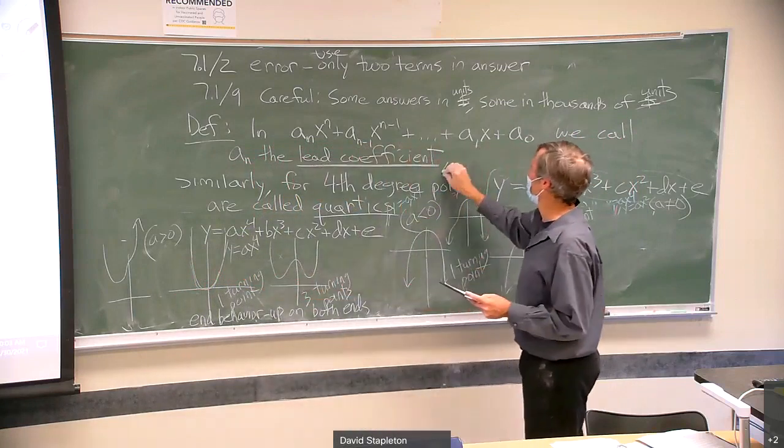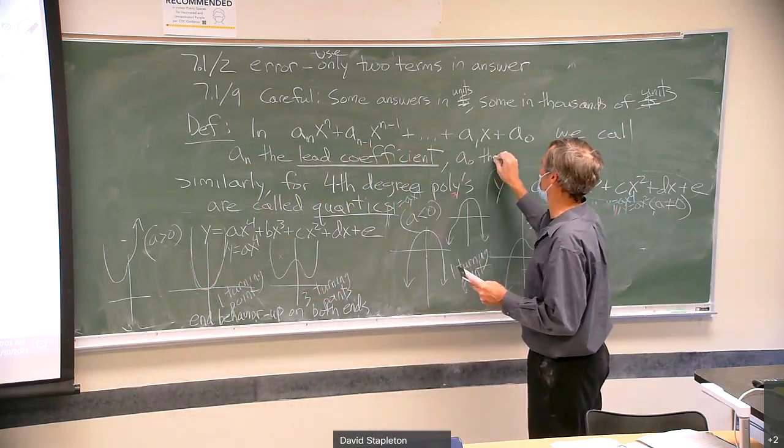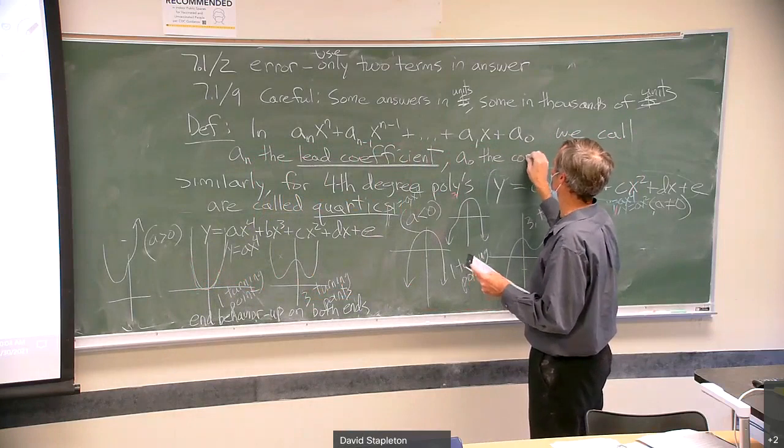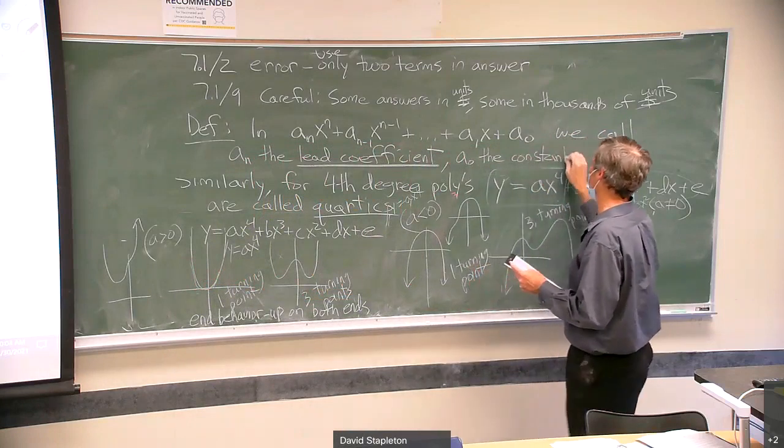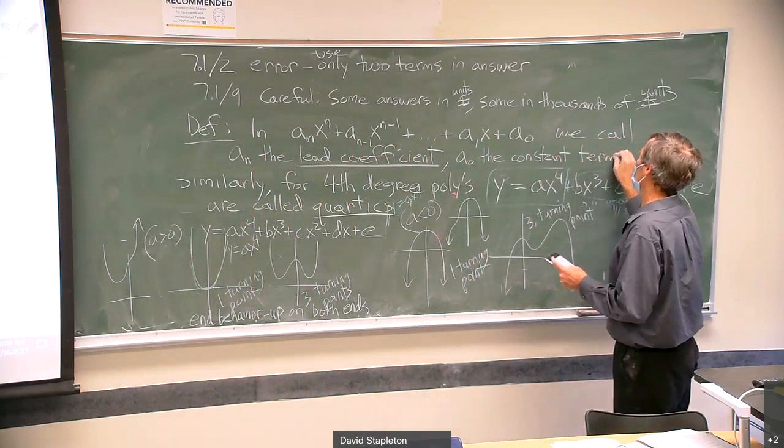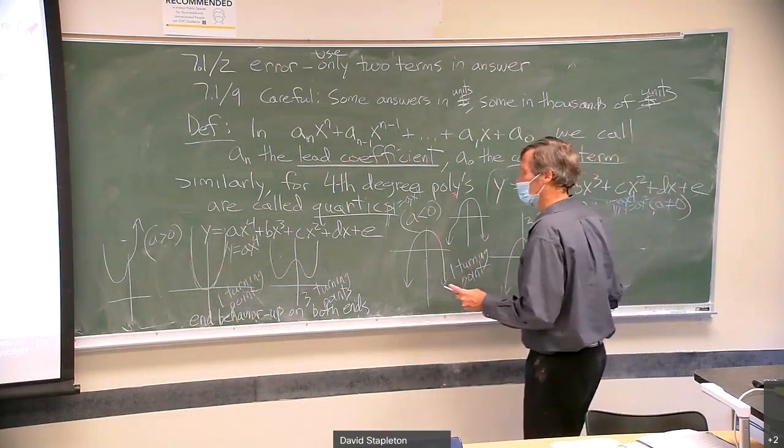We call a0 the constant term because it's just a constant, a number. Term because it's added. And so on and so forth.